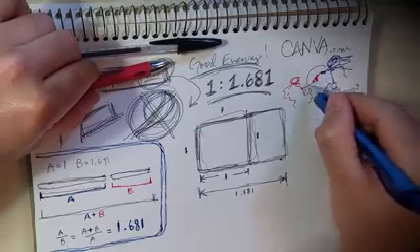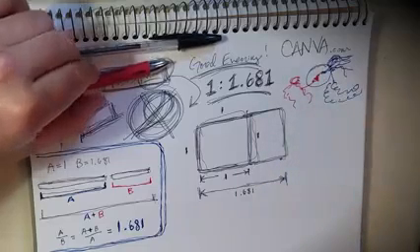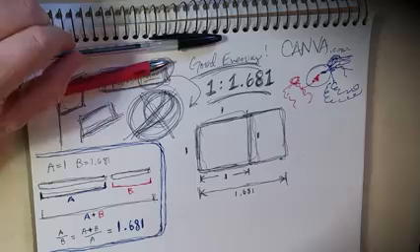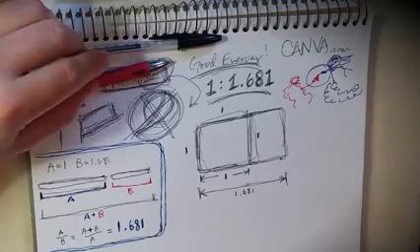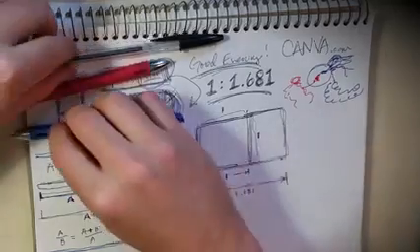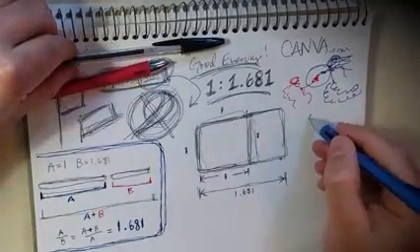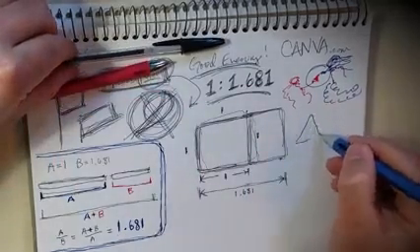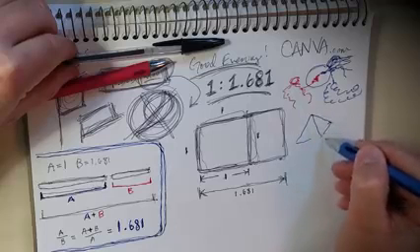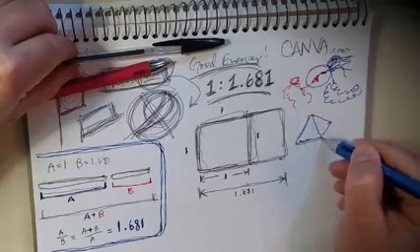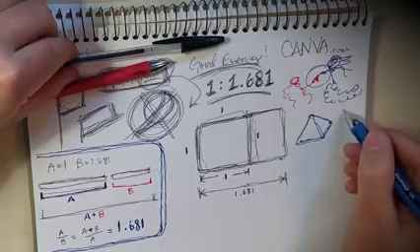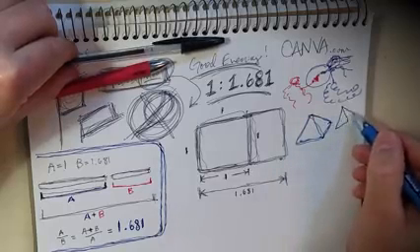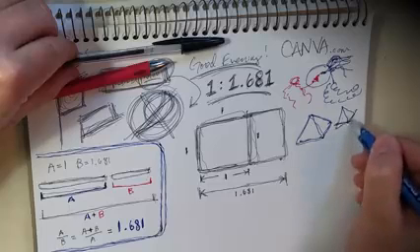And yeah, Michelangelo used that a lot. The pyramids of Giza use it. It's quite interesting to know. The pyramids of Giza all use that. Well, that wasn't very good.